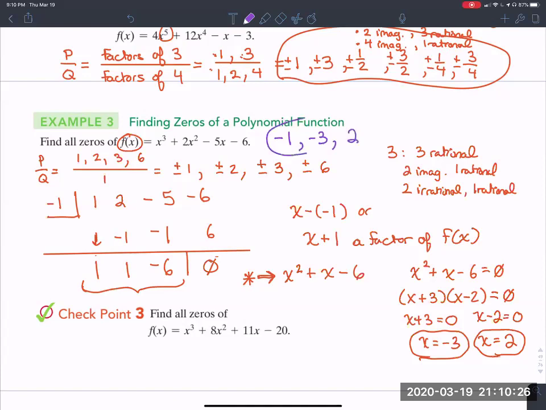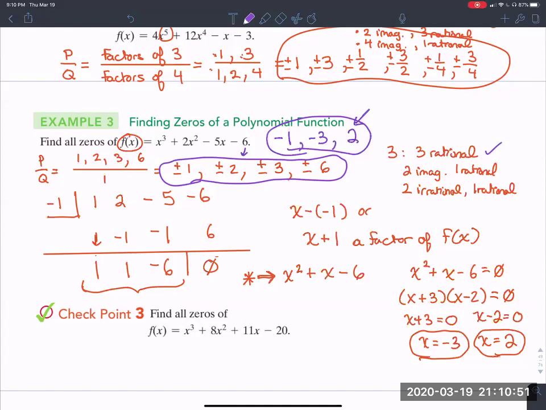So these are my zeros. And notice all of these three are rational numbers. They're whole numbers, they're rational numbers. And they're all in the pool of potential rational solutions that I created in the beginning of the problem. And notice I have 3 zeros. That means I have 3 rational solutions.